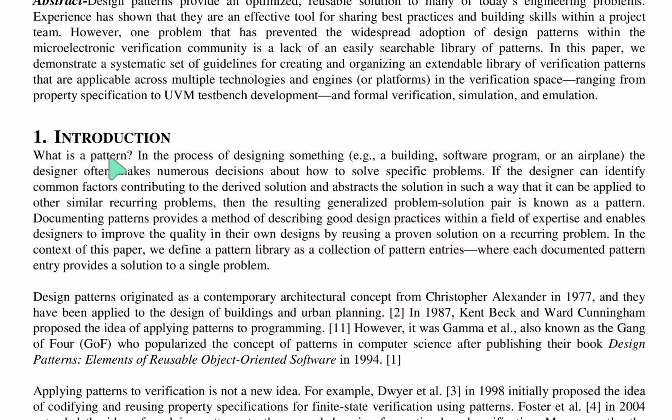Introduction. What is a pattern? In the process of designing something, for example, a building, software program, or an airplane, the designer often makes numerous decisions about how to solve specific problems. If the designer can identify common factors contributing to drive the solution and abstract the solution in such a way that it can be applied to other similar recurring problems, then the resulting generalized problem-solution pair is known as a pattern.